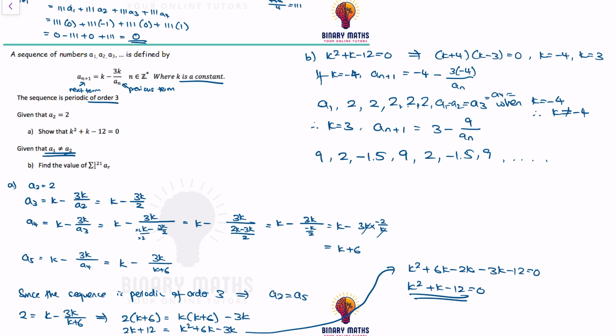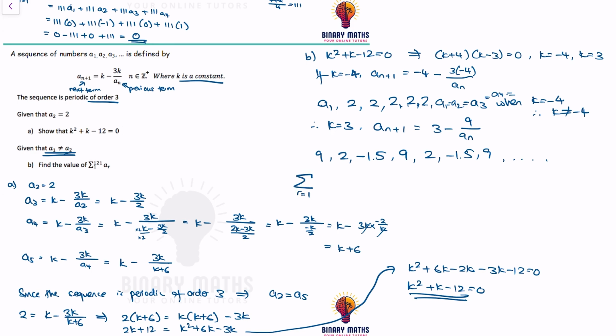So I need the sum of AR from r equals 1 to 121. Since I've got 121 divided by 3 terms that are repeating themselves, I get 40 and 1/3, which means I'm going to get 41 lots of A1 plus 40 lots of A2 plus 40 lots of A3, because I'm going to get one extra term, which is obviously the first term.